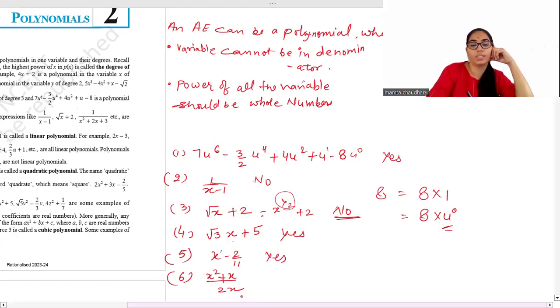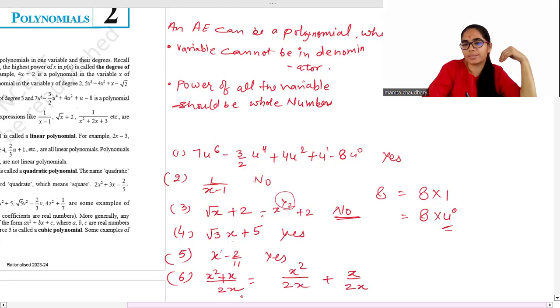Okay, now here, first of all, we can see x is in the denominator, so we'll try to remove it from the denominator. Here we can separate the numerator according to the denominator. So it can be written as x square upon 2x plus x upon 2x. Now x and x cancel out, and here x and x cancel out. So from x square, one x was cancelled out, so only x is left. So x by 2 plus 1 by 2.